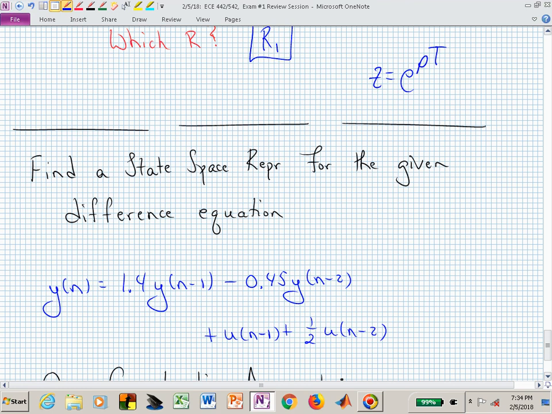First, let's find a state space representation associated with this difference equation. y of n is equal to 1.4 y of n minus 1 minus 0.45 y of n minus 2 plus u of n minus 1 plus 1/2 u of n minus 2.